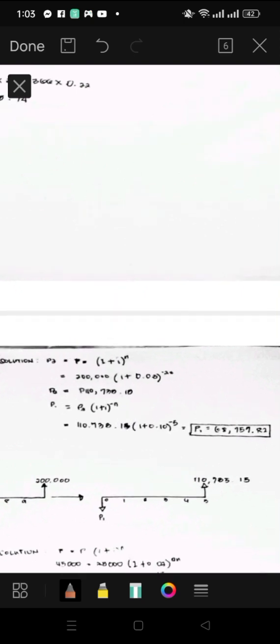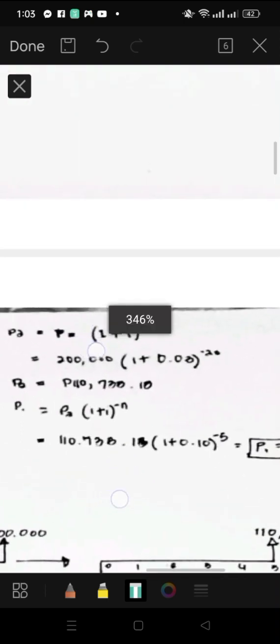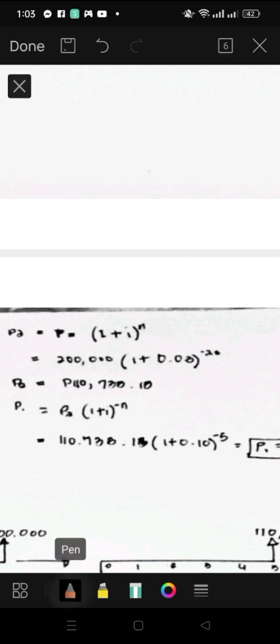So the question is what will be the principal? Our solution is P2 equals F times the quantity 1 plus I raised to the power of negative n.